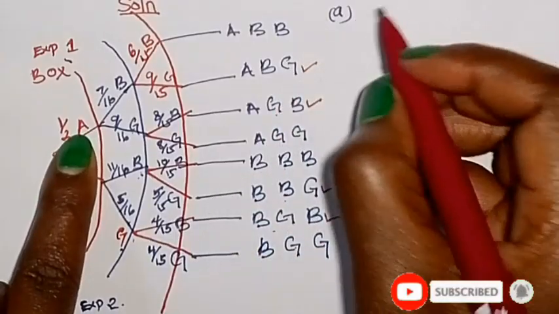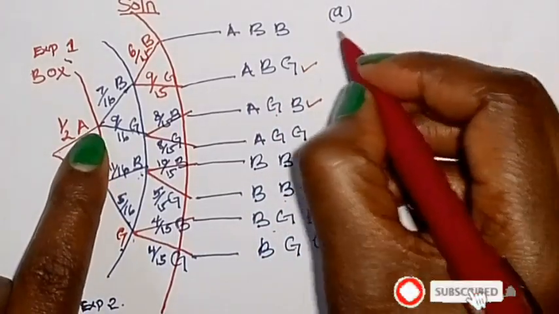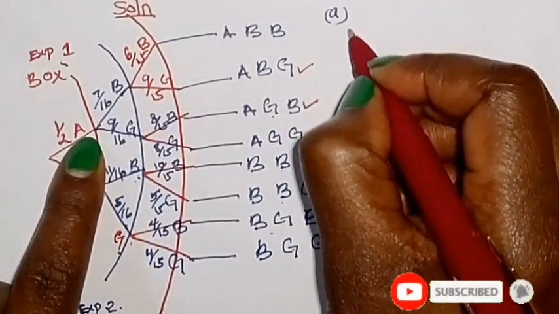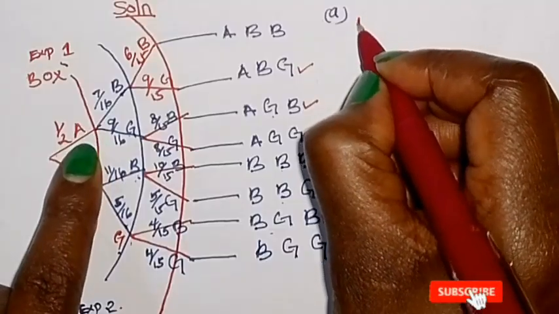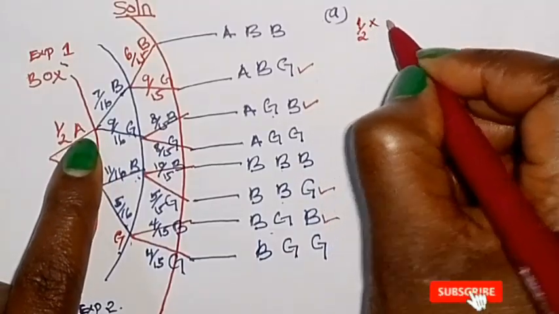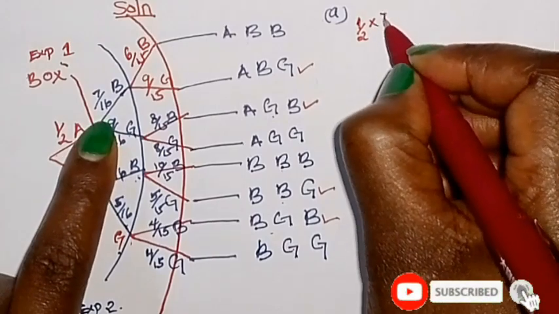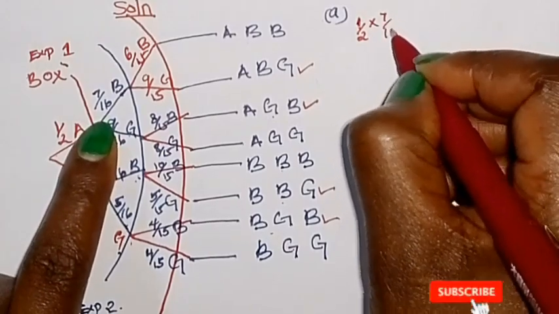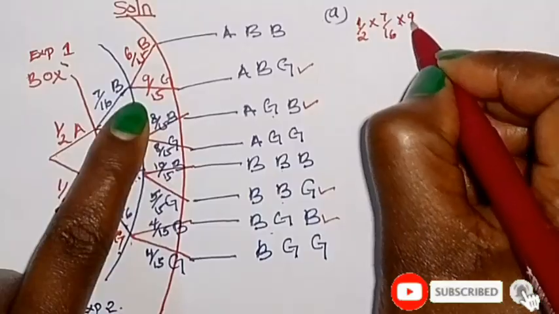So the probability of different color we shall have half times 7/16 times 9/15.